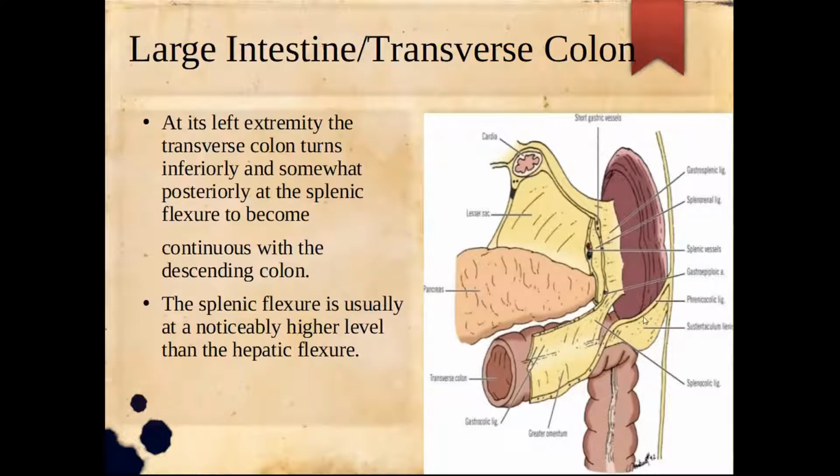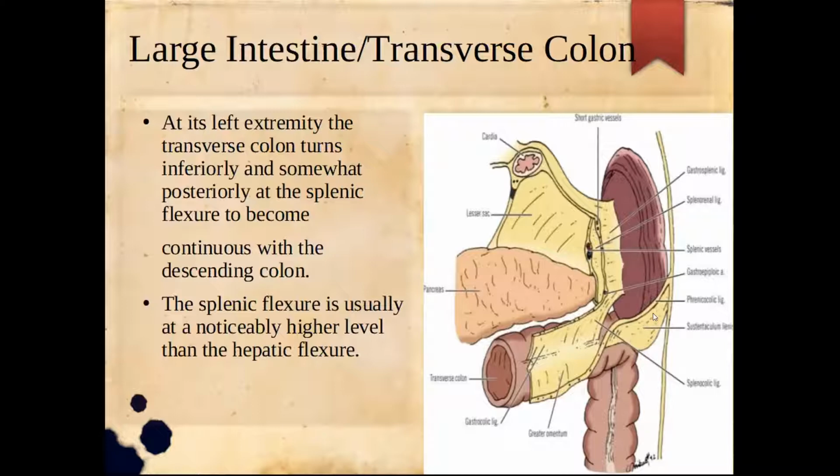And clinically important here, if you note, there are some ligaments here. If you want to mobilize the splenic flexure when you do a left hemicolectomy or an anterior resection, there are ligaments we need to take out, and you have to be careful when you take them not to injure the spleen. One of them is the splenocolic ligament.